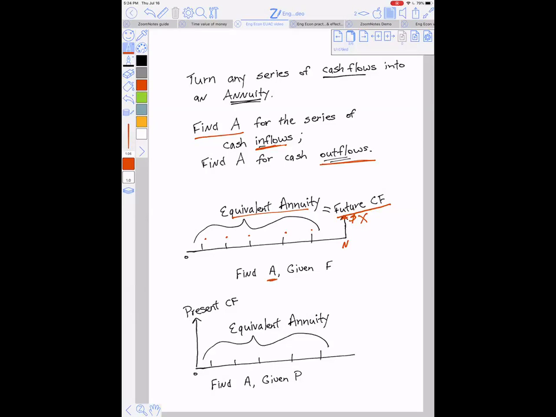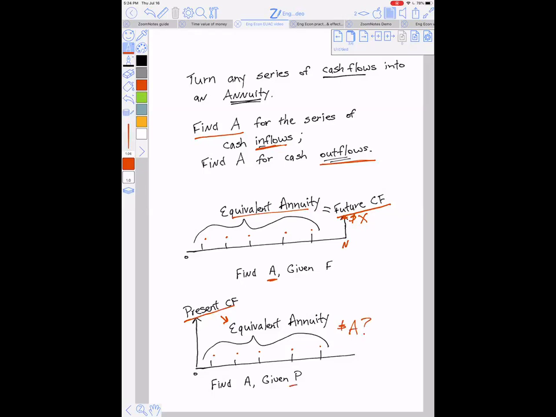Similarly, we can do the same thing where we're given a present cash flow and we want to turn it into its equivalent, equal annuity amounts, as if that present cash flow were to happen over time in the future in equal annual amounts. Then what would that amount be? That's what we're looking for.